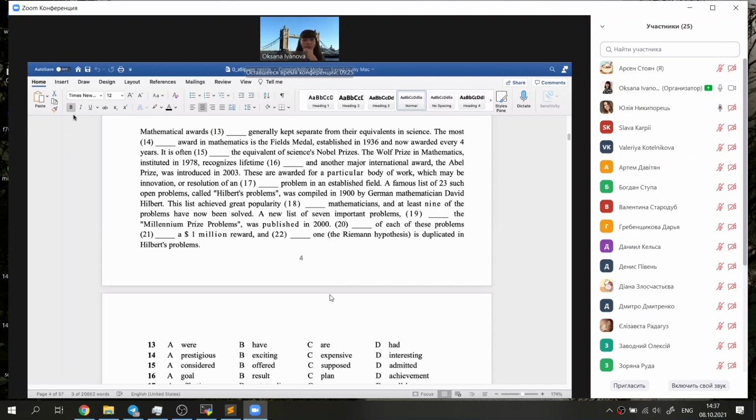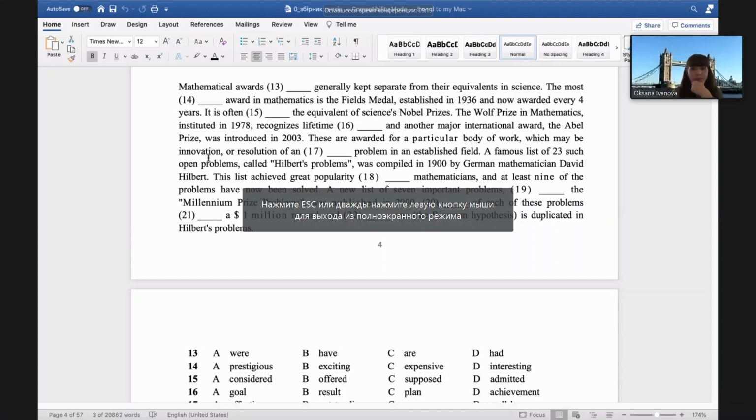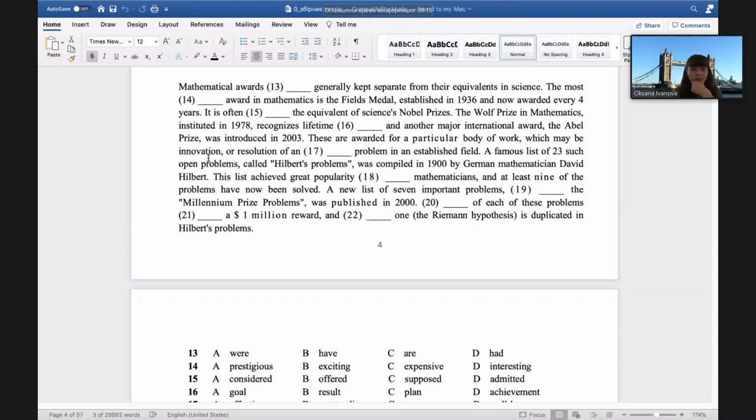Yes, I'm sorry. The Wolf Prize in Mathematics, instituted in 1978, recognizes lifetime goal and another Mayer Mathematical Interpretation Award. The Abel Prize was introduced in 2003.